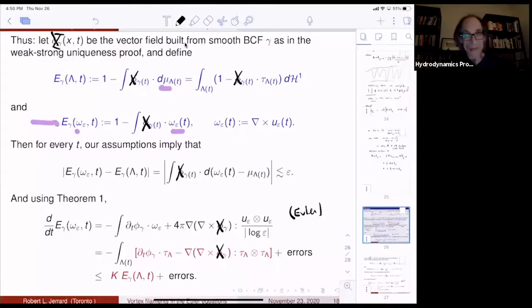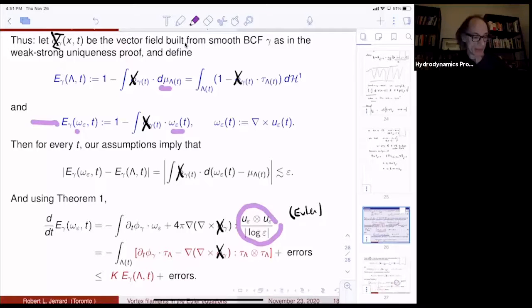Okay, but then the theorem we've just finished discussing, theorem 1, tells us that as we've assumed, the vorticity is concentrated around the curve lambda, and we've assumed that the excess is not too big, and so when that holds, integrating against this tensor involving the vorticity tensor with itself is basically like projecting onto the normal.